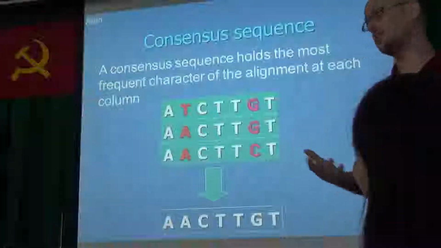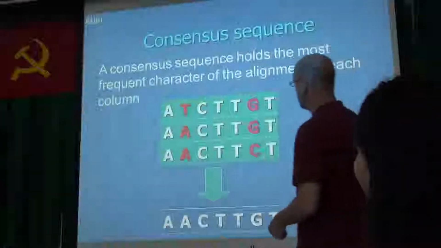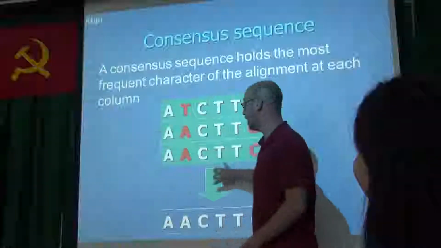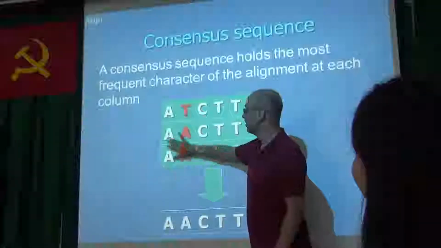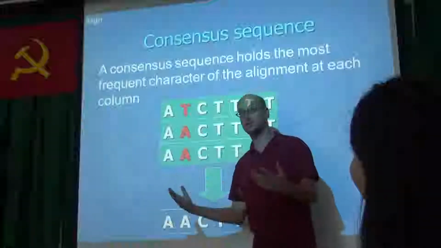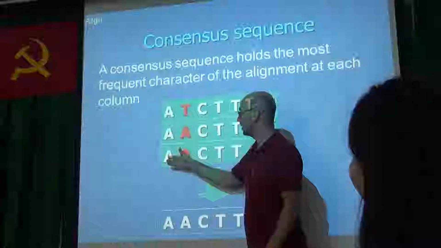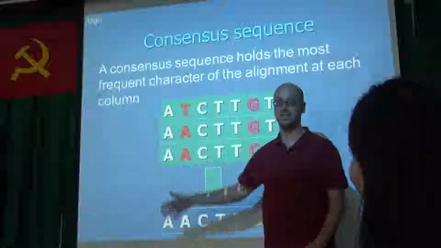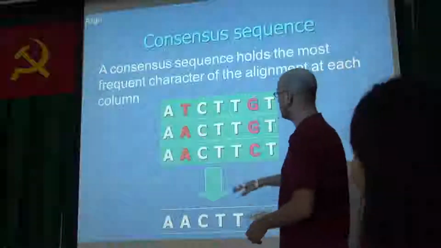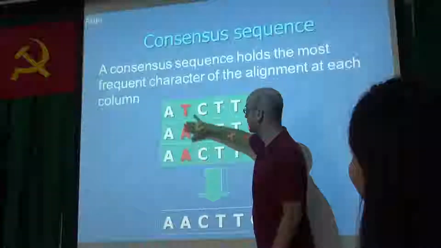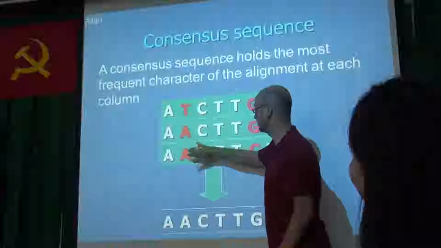What is a consensus sequence? After we create our multiple alignment, some of the columns, some of the spaces will have 100% consensus or 100% agreement, and some of them will not have complete agreement.